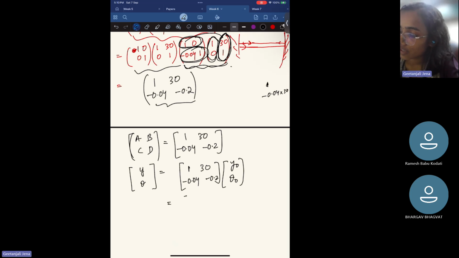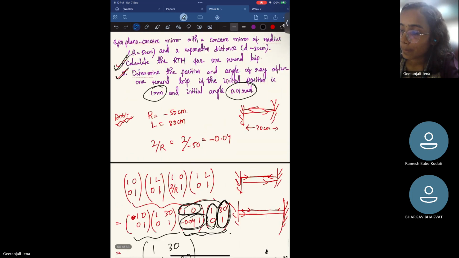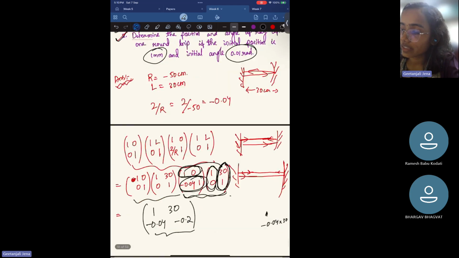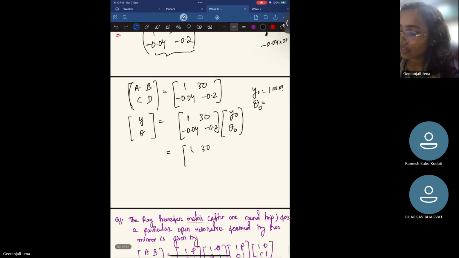And y0 is given. Y0 is 1 mm, right? It is given 1 mm. And theta 0, that is the initial angle, is given as 0.01 radian.